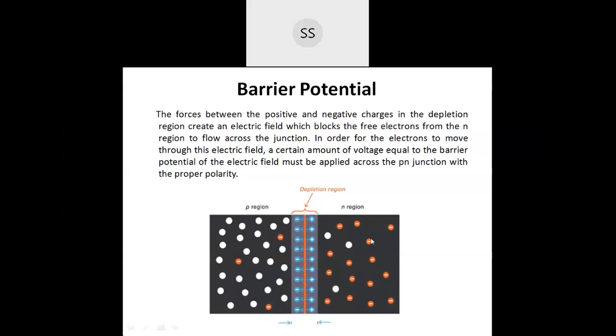There may be minority carriers in the other regions also, but the minority carrier concentration along these borders is severely affected, and their concentration is going to fall.